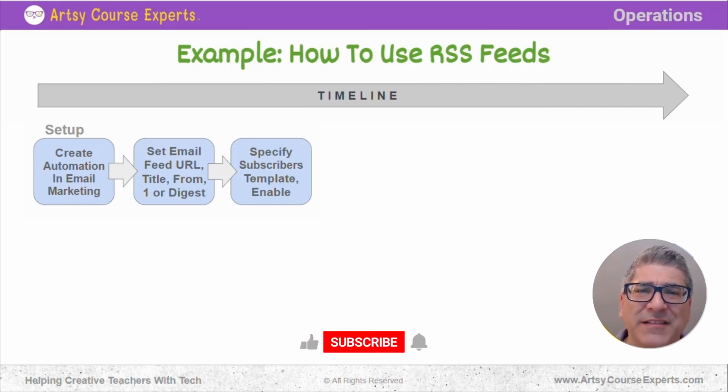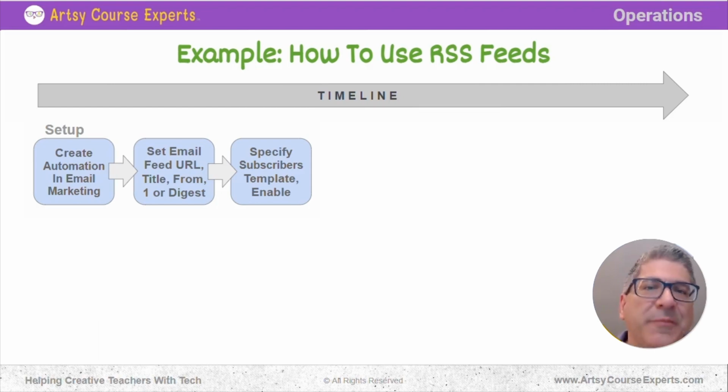In your email marketing system, you're also going to specify who should get this email. Maybe it's all your subscribers, or maybe it's a special segment that you've created, only people that have signed up via some HTML widget on your website. You're going to choose your template, and then you're going to enable this automation on your email system.